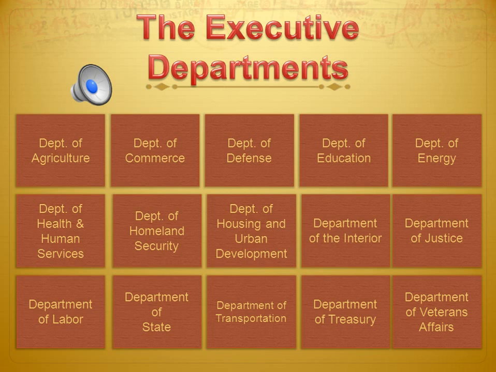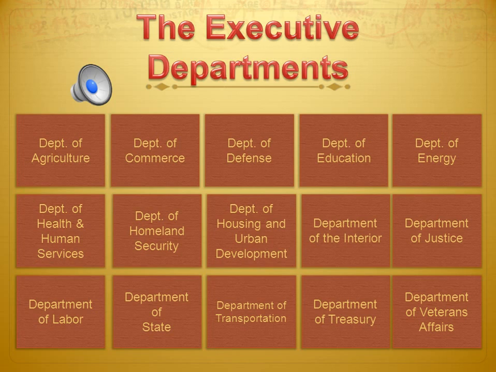It maintains the country's defense and provides military training for the Army, Navy, and Air Force. The Department of Education oversees the country's schools. The Department of Energy finds and protects sources of energy. The Department of Health and Human Services handles programs to promote health and social services and needs of American citizens.